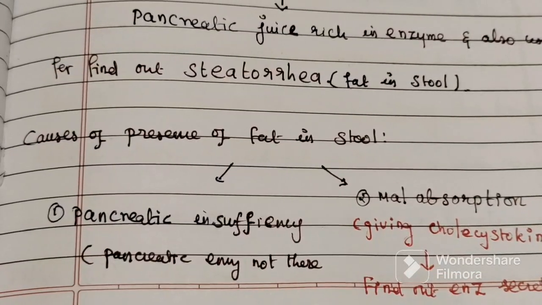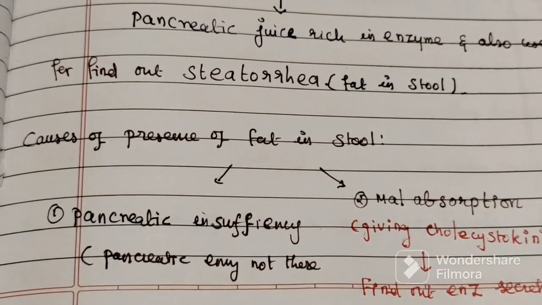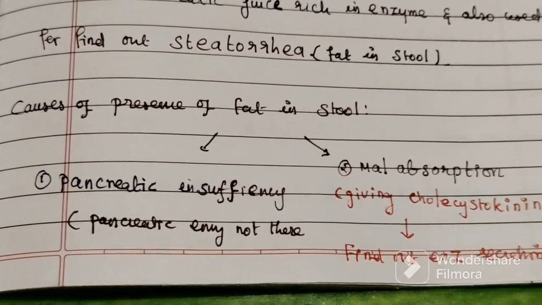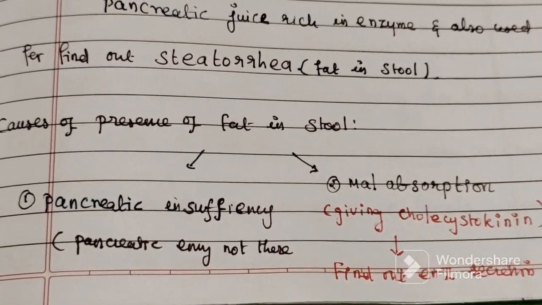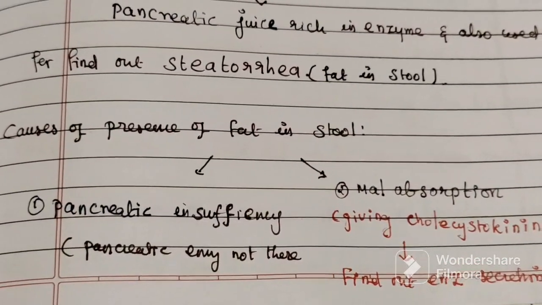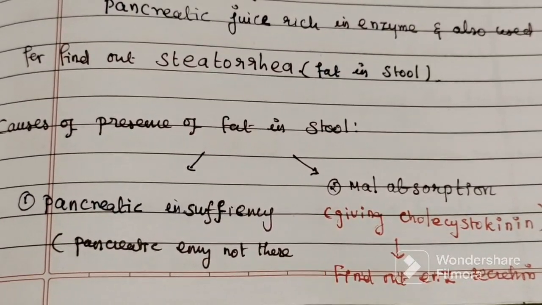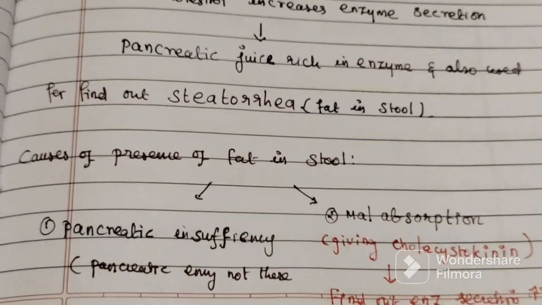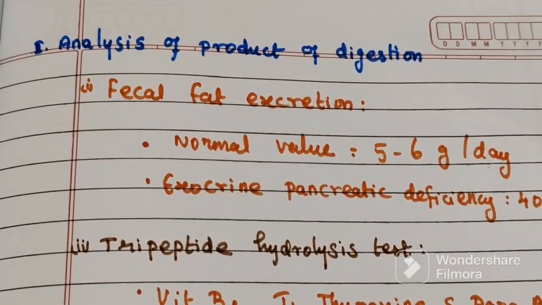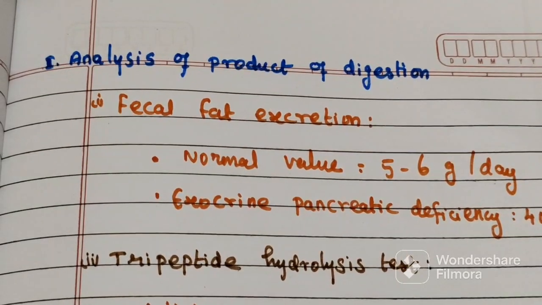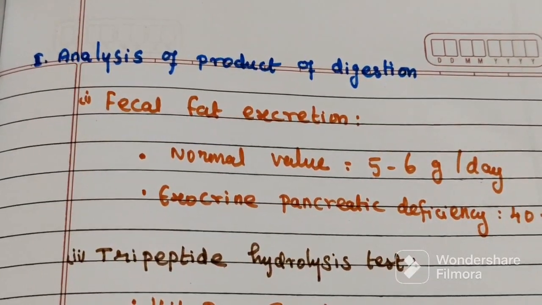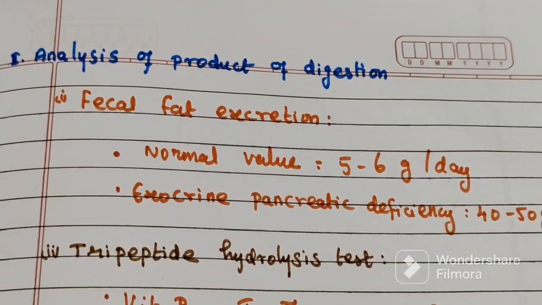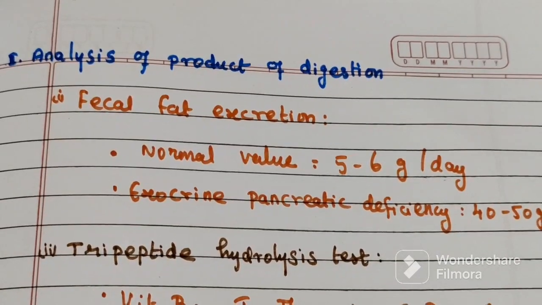There are mainly two causes. One is pancreatic insufficiency, meaning pancreatic enzymes are not there. The second is other malabsorption, that is intestinal pathology rather than pancreatic. To distinguish them, we perform this test: we give cholecystokinin and find out whether enzyme secretion increases or not.